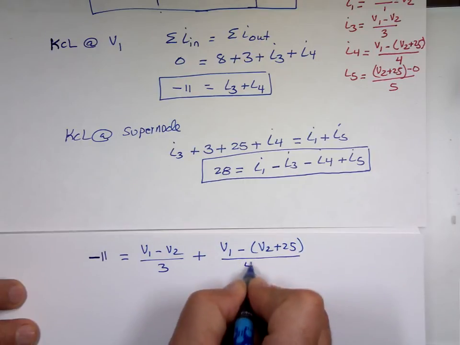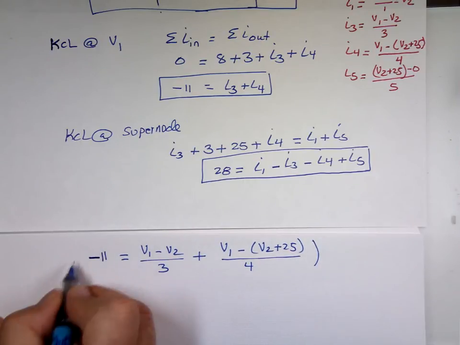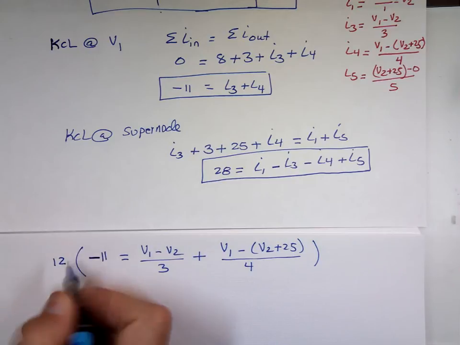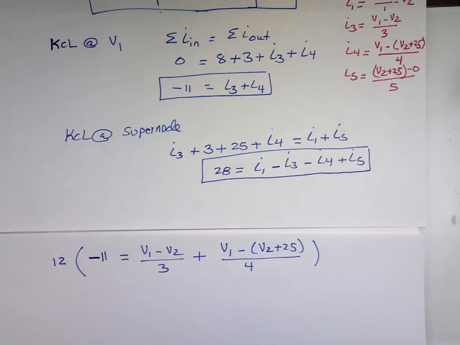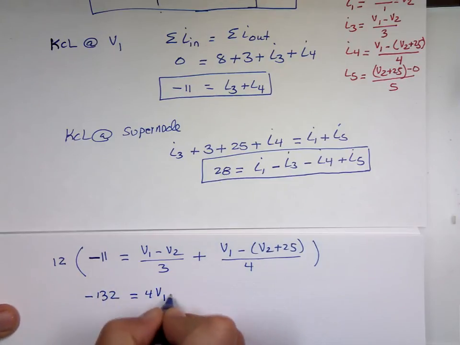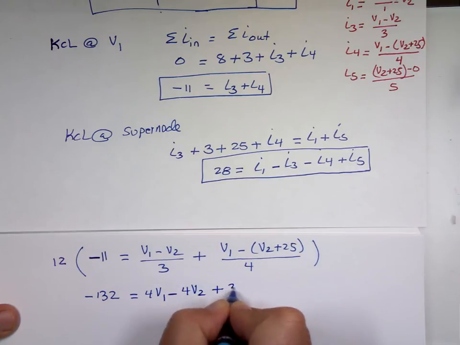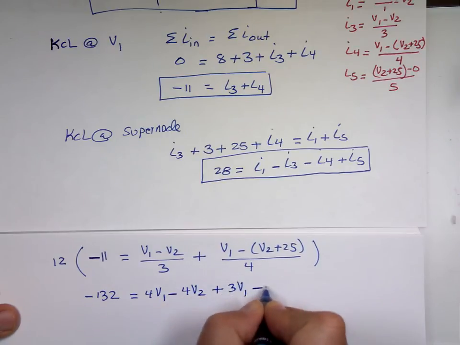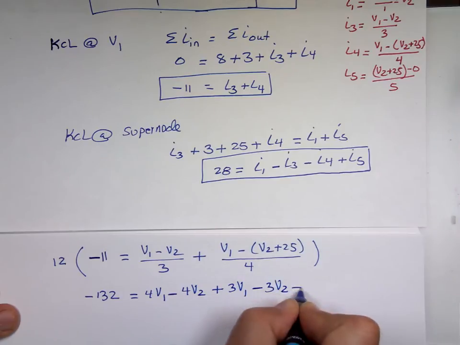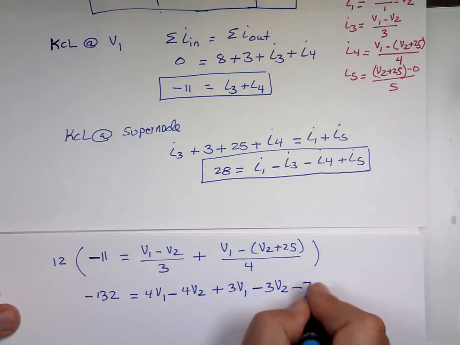My LCD is what? 12. 12 times 11, is that 132? 4V1 minus 4V2 plus 3V1 minus 3V2 minus 3 times 25, which is what? 75.